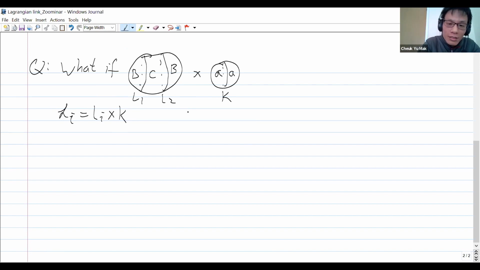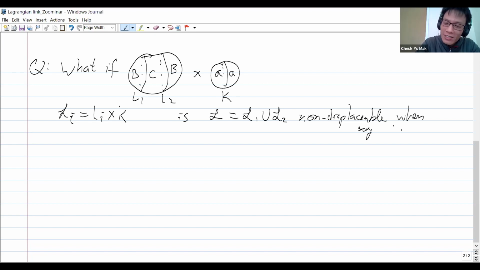The question is, is L, which is the union of these two, non-displaceable when C is small, say when C is less than B?